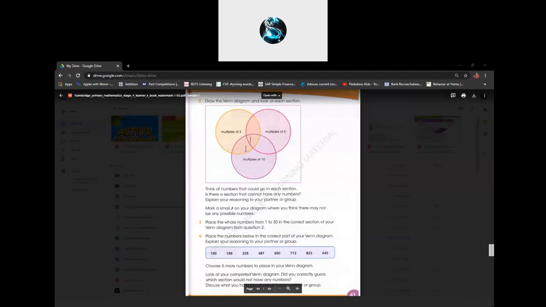You can do multiples of 10, 5, and 2, which is right here. I first have to do multiples of 10 and then 5 and then 2. The multiples of 10, 2, and 5.